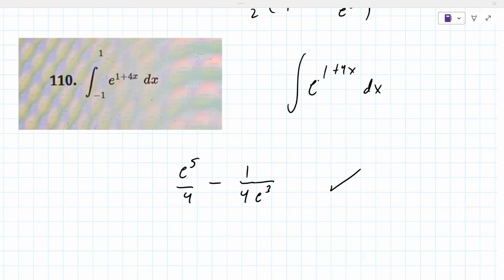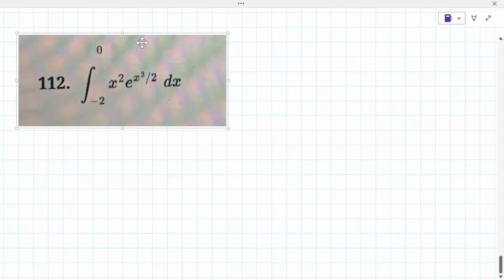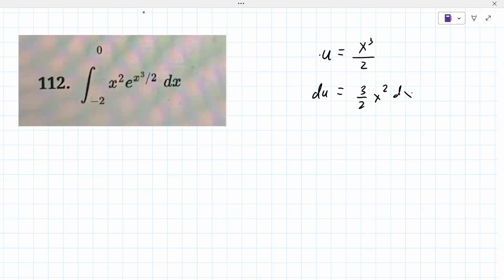Let me do 112. Let me introduce this other way to do the problem, and you can decide if you like it or not. Your u here is the exponent, x cubed divided by 2. Your du is 3 over 2 x squared dx.